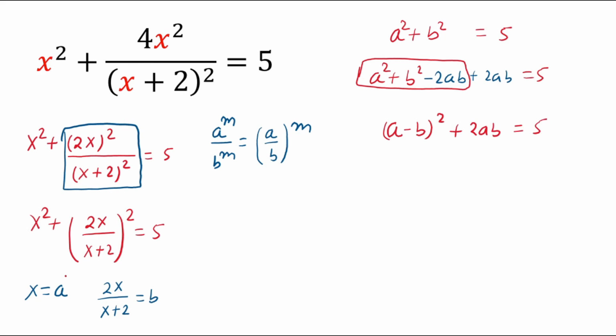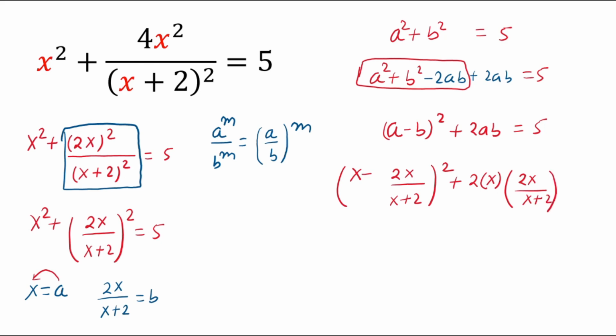Value of a is x, so here x minus, and value of b is 2 times x divided by x plus 2 bracket power 2 plus 2 times a is replaced by x and b is replaced by 2 times x over x plus 2, and this is equals to 5.